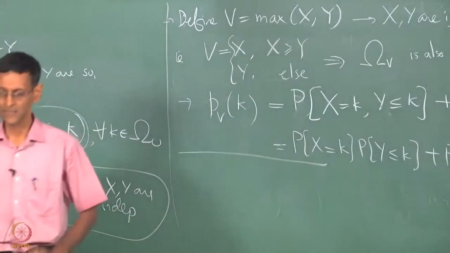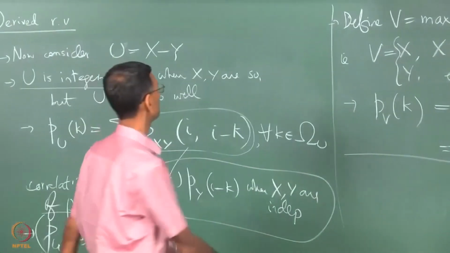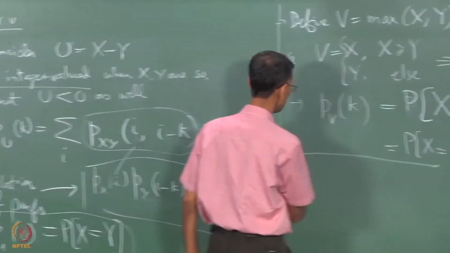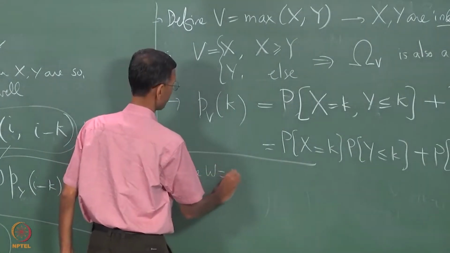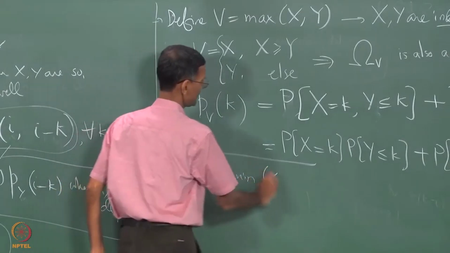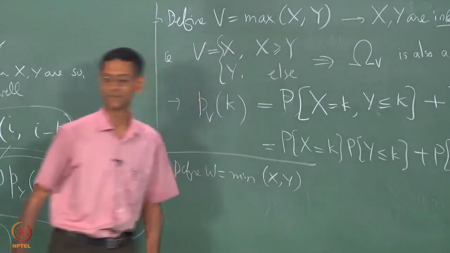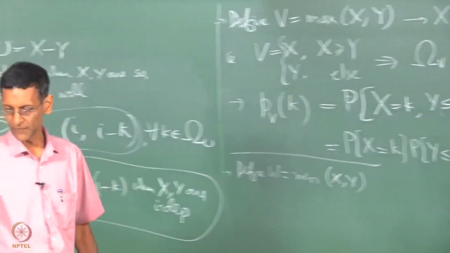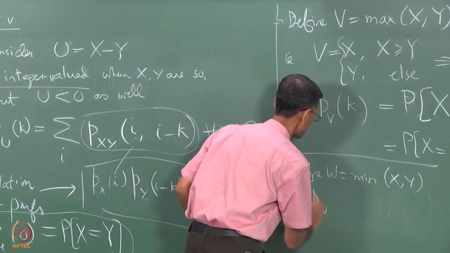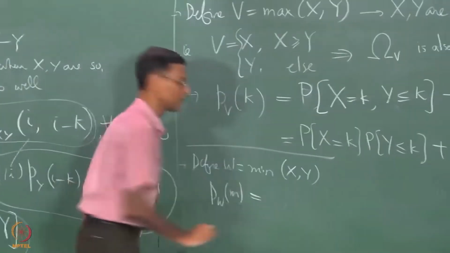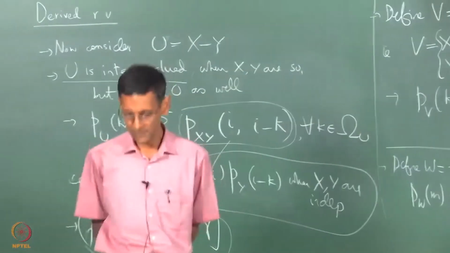Likewise for max, min. So if I want to define W, I don't think I've used W. If I want to do min, what do I do? I can do something very similar. P_W of m, let me use a different index. What is P?